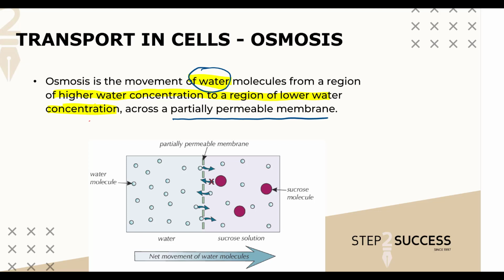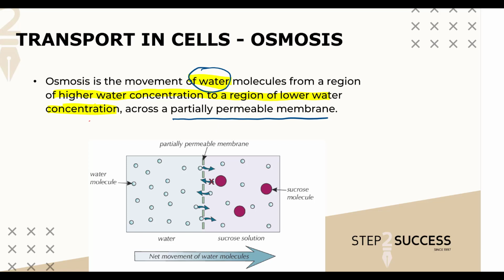So unlike diffusion, osmosis can't happen through gases, for example. If you had a glass of water, it doesn't spread out around, mainly because it can't get through the glass. So water doesn't just move around in the same way that gases do, and that's why there's a different definition for osmosis.